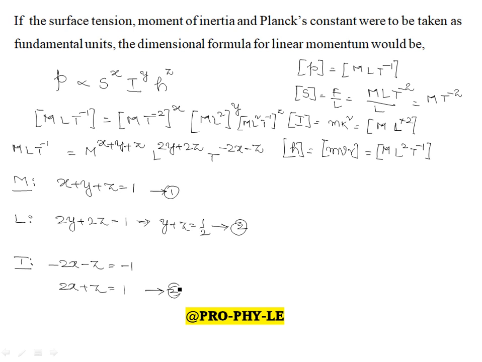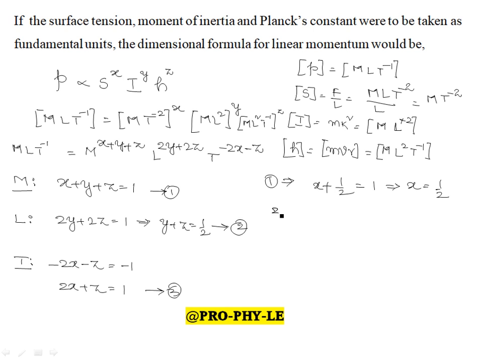Now I will substitute equation 2 in equation 1. So equation 1 implies x plus y plus z, that is x plus 1 by 2, is equal to 1. That implies x will be equal to 1 minus half, it will be half. Now I will substitute this in equation 3.